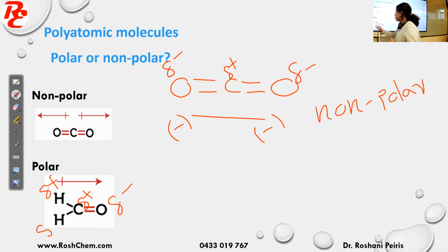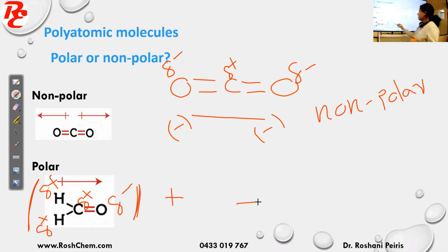The other hydrogen is also delta plus relative to carbon. Now if you look at the two sides, one side is positive, the other side is negative. You don't have to look at the middle atom, you only look at the surrounding. If you have a charge separation like this, I say the molecule is polar.